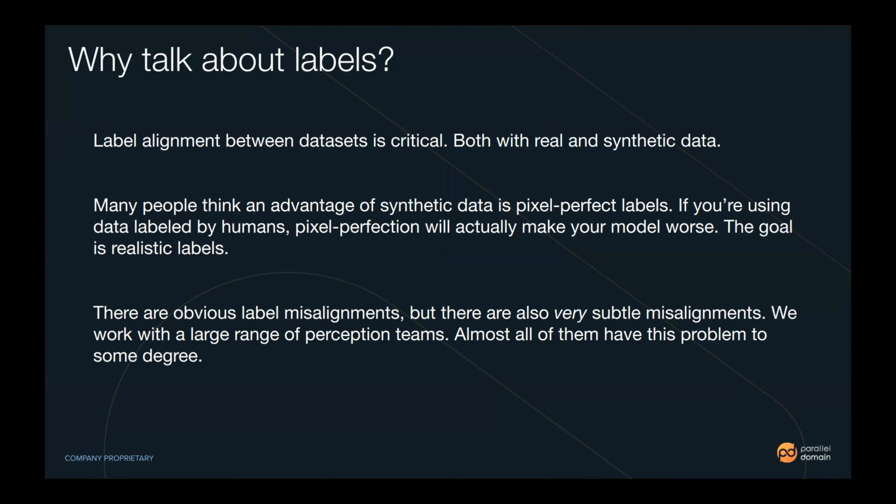Another thing I want to highlight is that many people think the advantage of synthetic data is that you have pixel perfect annotations, but actually when you mix them with real data, this is a problem and you need to address it. These misalignments in the label specs are not super obvious all the time. We've seen them happening a lot when we work on perception tasks and also with customers that we work with, and they're very easy to miss, but they make a huge impact on your training.